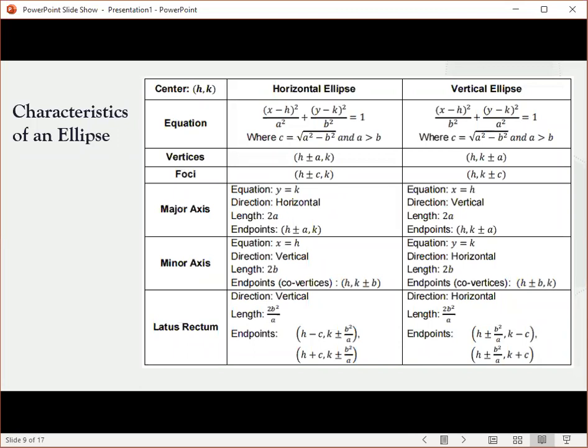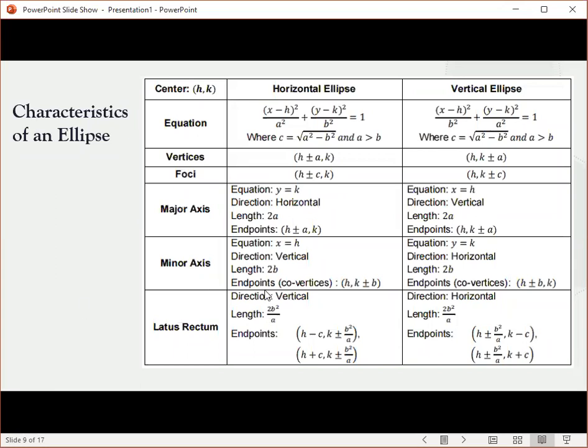For the foci, we'll have h plus or minus c and k. And then you have here the major axis. Take note, the endpoints of the major axis are the same as the vertices.